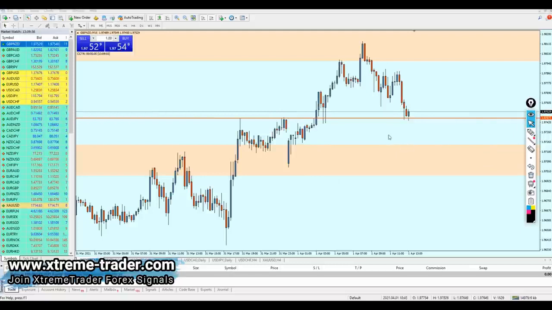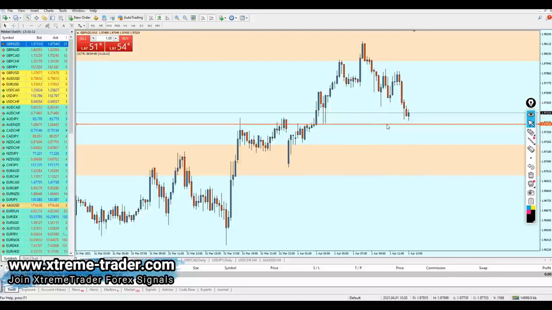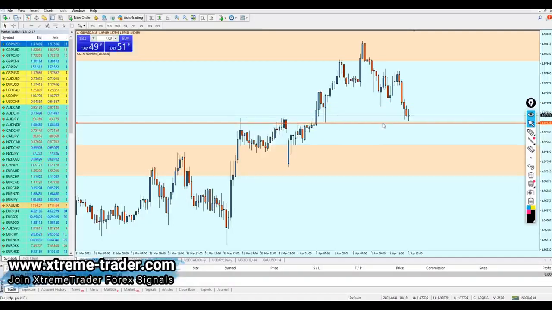Now, it's very important before we proceed with the deal itself, since I told you that we have to be very specific about the levels where we should start buying the pair or selling the pair. It depends, of course, on how you draw your resistance and support line, because if you want to have the really perfect entry, you have to be very careful and wise about how you draw your support line.